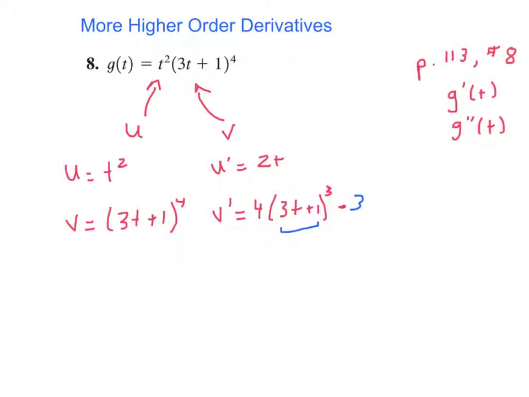So the overall derivative for v is 12, because 4 times 3 is 12, times 3t plus 1 raised to the third power.